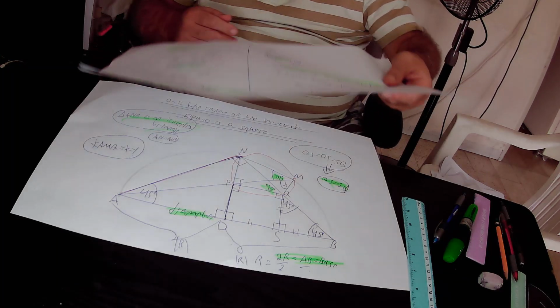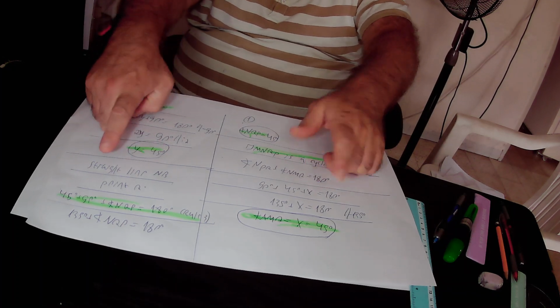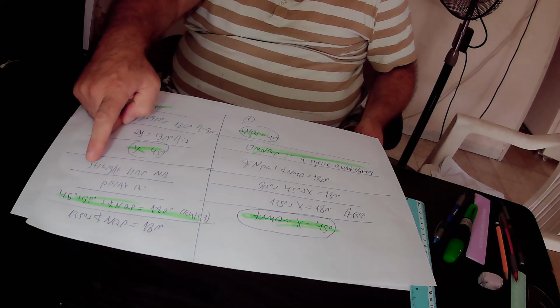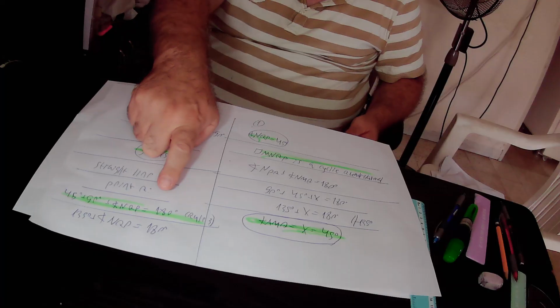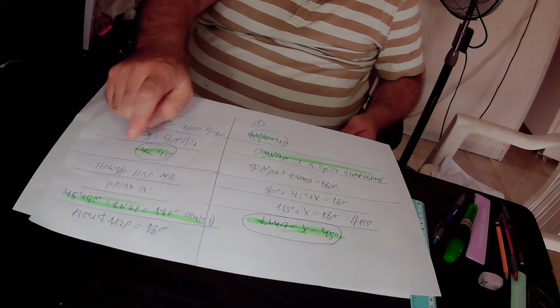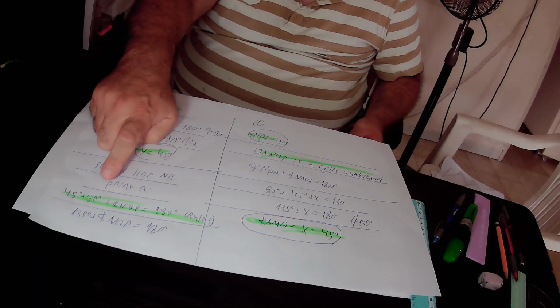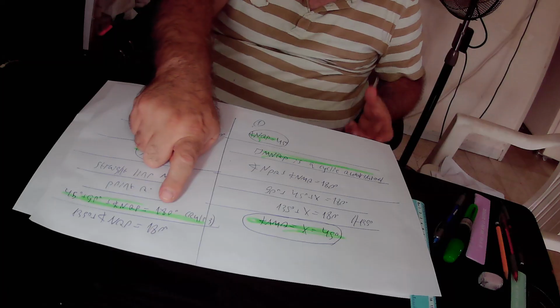total must be equal to 180 degrees according to rule 3. I'll repeat again. On the left side of the straight line NB at point Q, the sum of the angles must be equal to 180 degrees according to rule 3. That is to say, 45 degrees plus 90 degrees plus the size of the missing angle NQP, total they must be equal to 180 degrees. 45 degrees plus 90 degrees is 135 degrees. So 135 degrees plus the size of the missing angle NQP, total must be equal to 180 degrees according to rule 3.